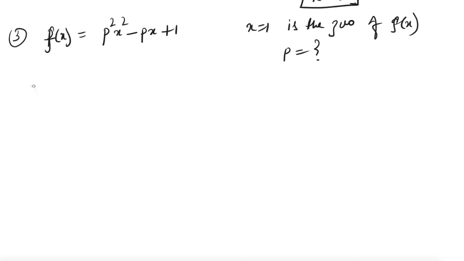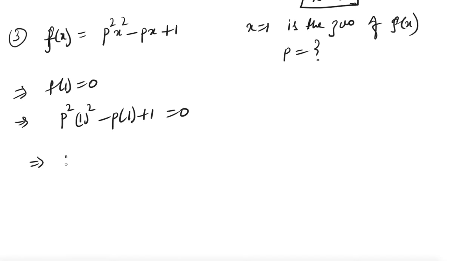Again the same procedure. If x equals 1 is a 0, this means f of 1 should be 0. So when I substitute 1 instead of x, I have p square into 1 square minus p into 1 plus 1 equal to 0. This means p square minus p plus 1 equals 0. Again you got a quadratic.